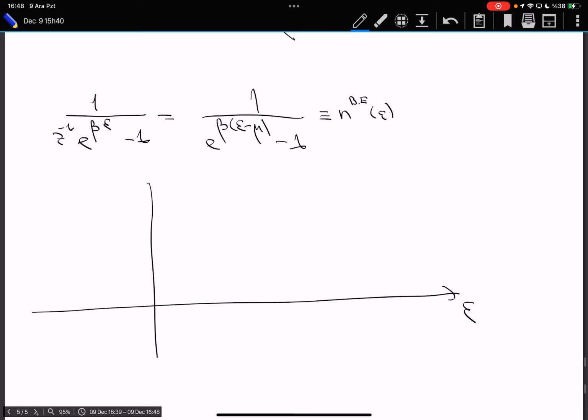I only have positive energies. I don't have any negative energies. Mu is negative. Mu is somewhere over here. If I look at that function as just a mathematical function, I can set epsilon to negative values. I don't really care. But you see, when epsilon is equal to mu, it diverges. So there's a divergence over here. And as I increase epsilon, eventually it goes to 0 exponentially. So this is what my function looks like.